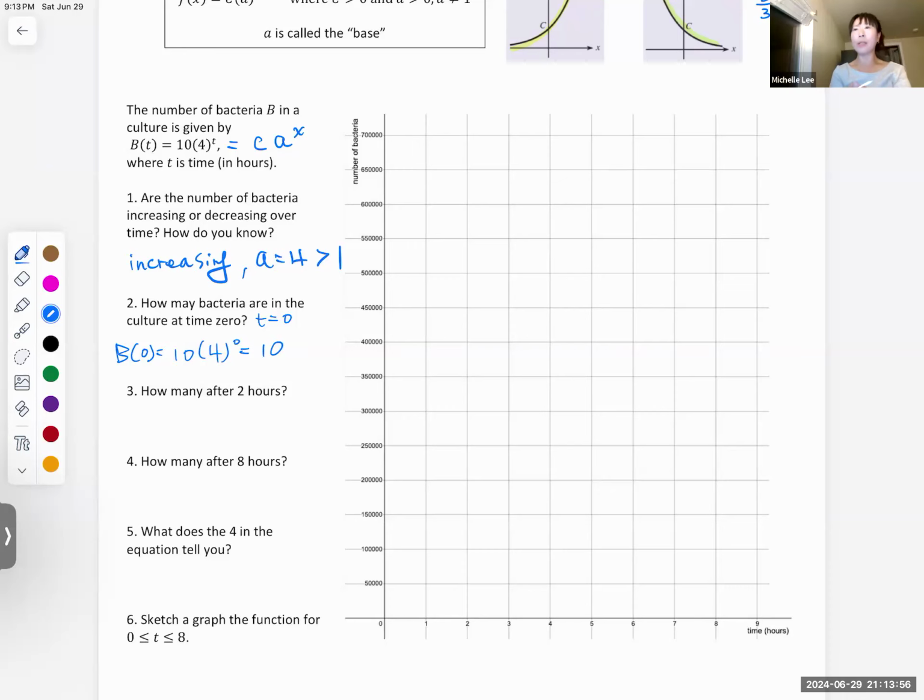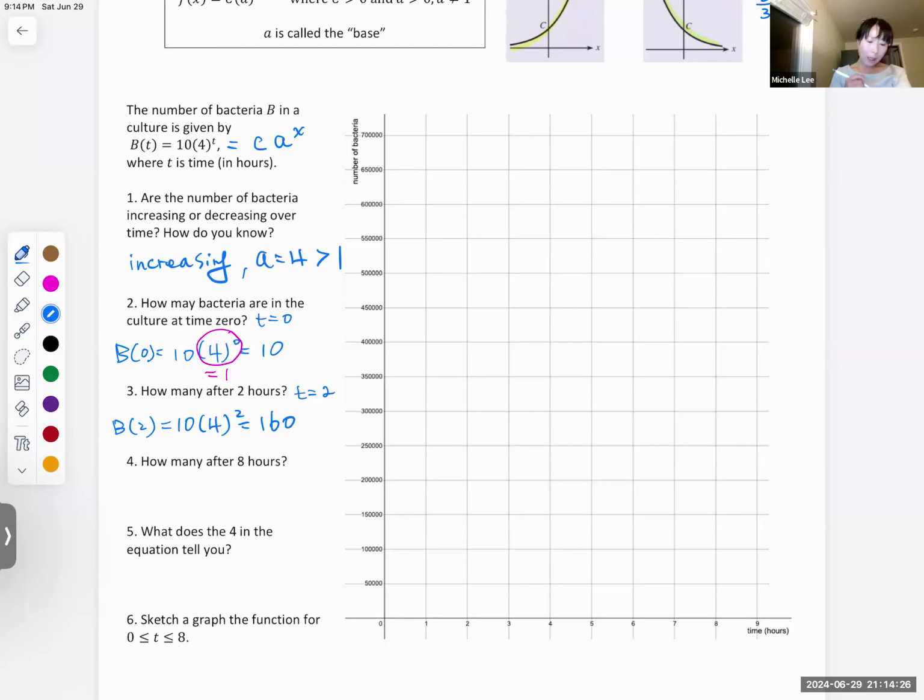Because any number to the power of 0 is 1. Okay, number 3: how many after 2 hours? That means T equal to 2. So B of 2 equals 10 times 4 to the second power. If we calculate, this is 160.